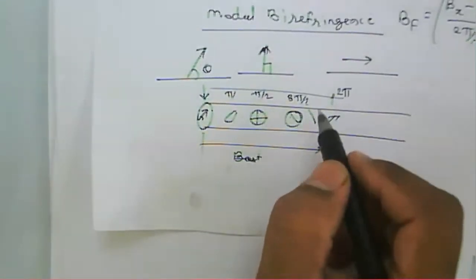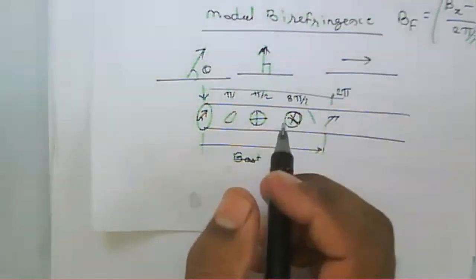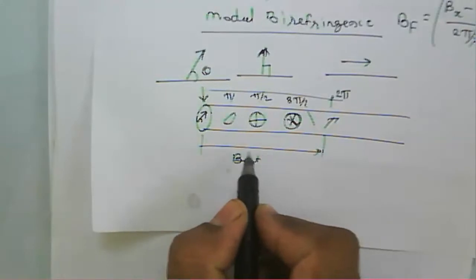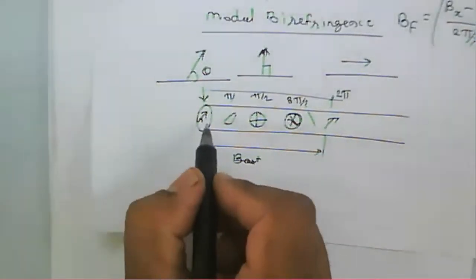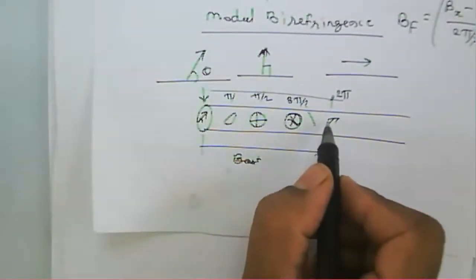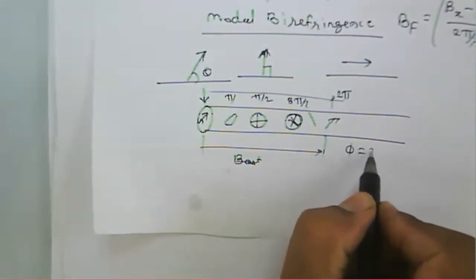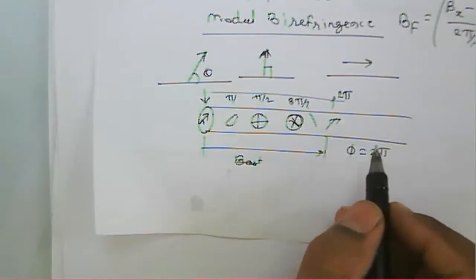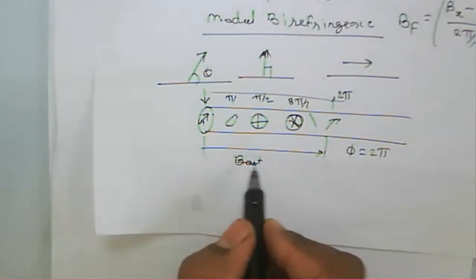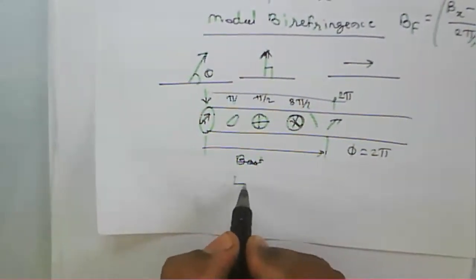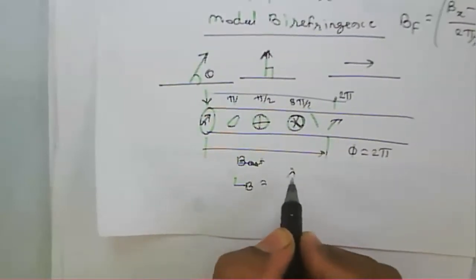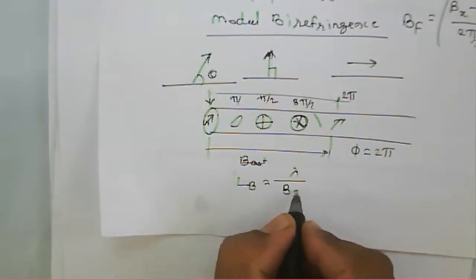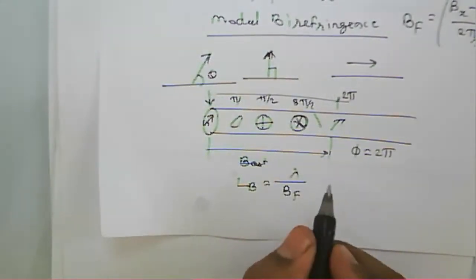So we get the linear polarization when phi is equal to twice pi. That's why that particular length is nothing but the beat length, and the beat length depends upon the birefringence of a particular fiber.